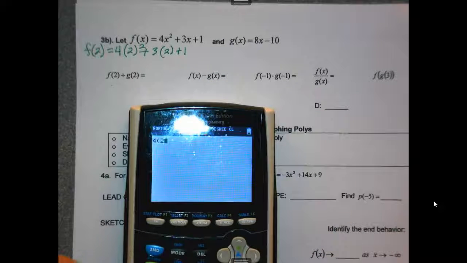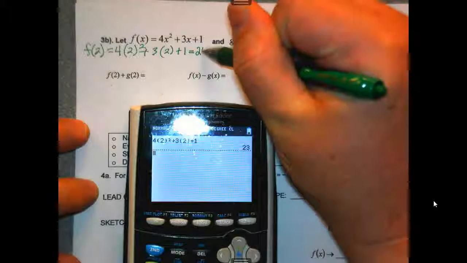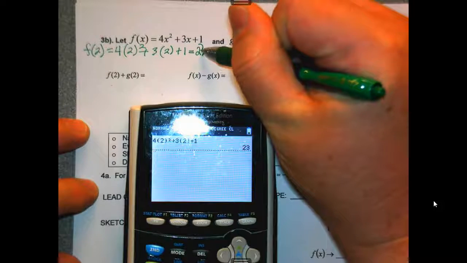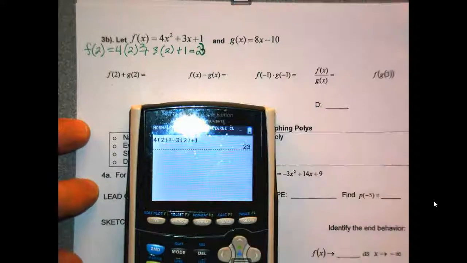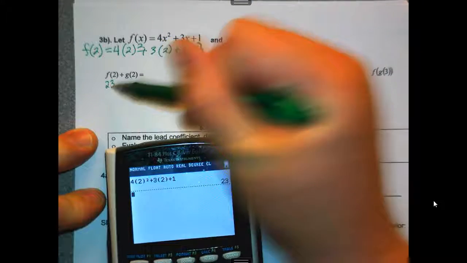Four times 2 squared plus 3 times 2 plus 1, and I get 23. So f of 2 is 23.